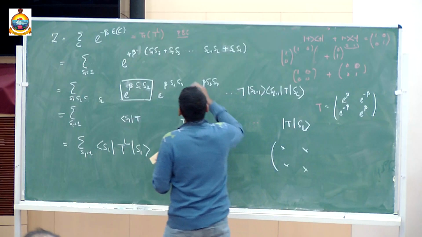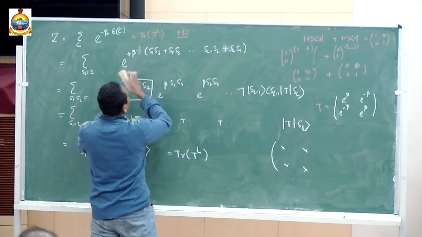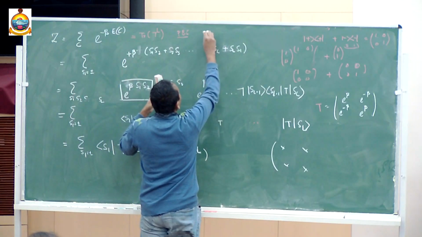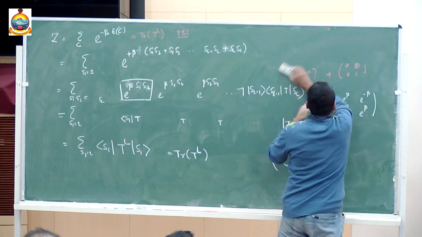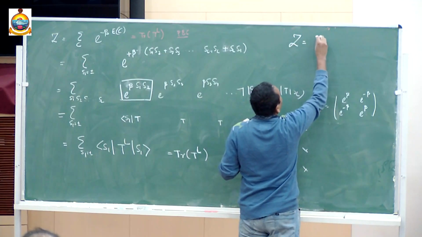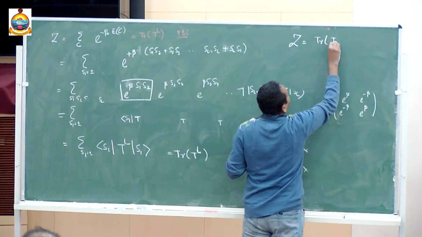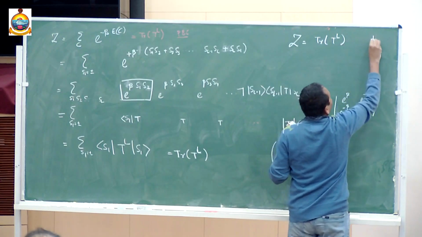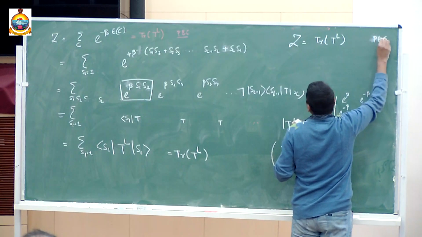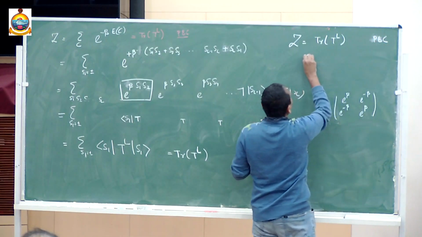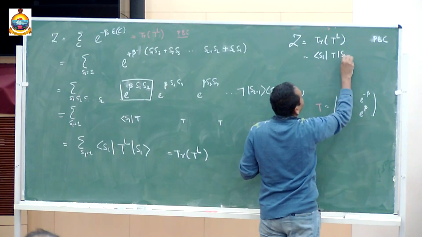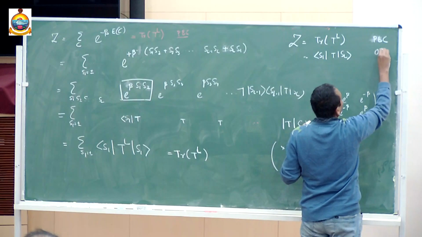So this is periodic boundary conditions, and for the partition function, what I get is Z equal to trace of T to the power L if it is periodic boundary condition, and this equals S1 T^(L-1) SL if it is open boundary conditions.